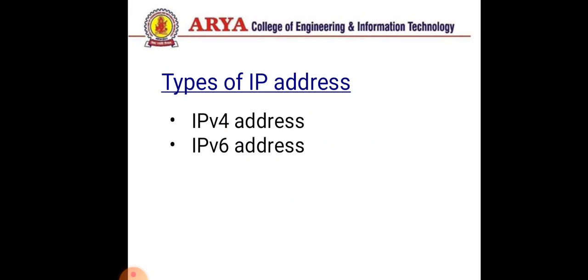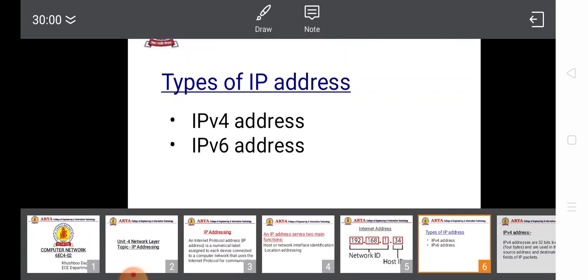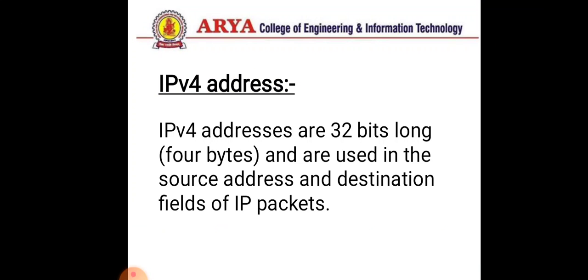Fine. Types of IP address: there are two types of IP address, IPv4 and IPv6. In the current scenario we are using IPv4. So IPv4 addresses are 32 bits long and are used in the source address and destination fields of IP packets.